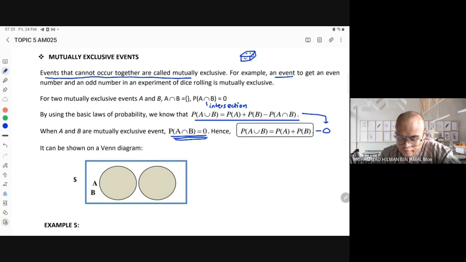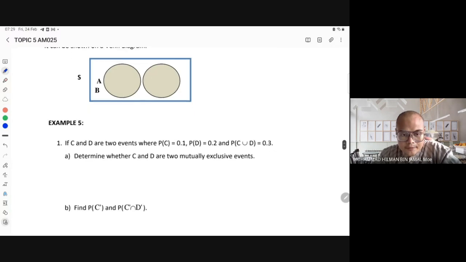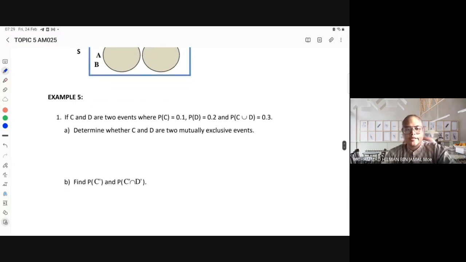Okay, now we go to the example. Okay. So for the first question, if C and D are two events where probability of C is equal to 0.1, probability of D is equal to 0.2, and probability of C union with D is equal to 0.3. Okay.